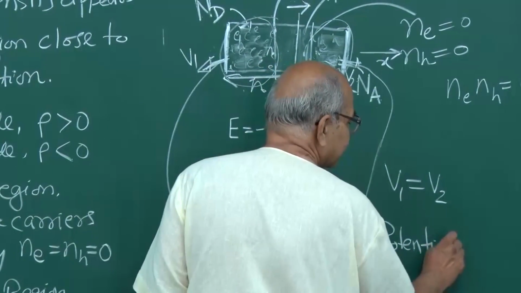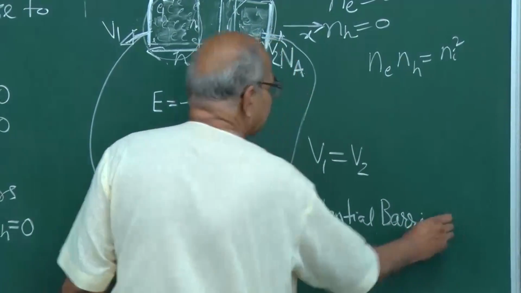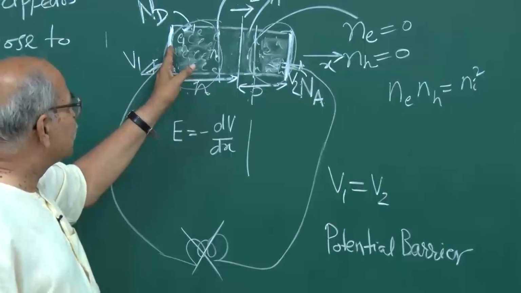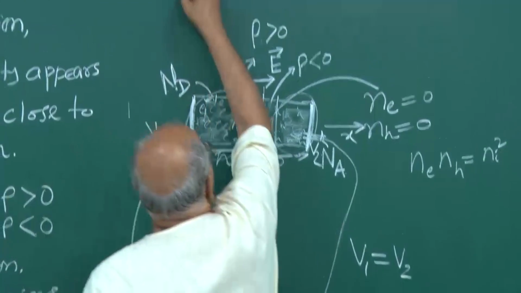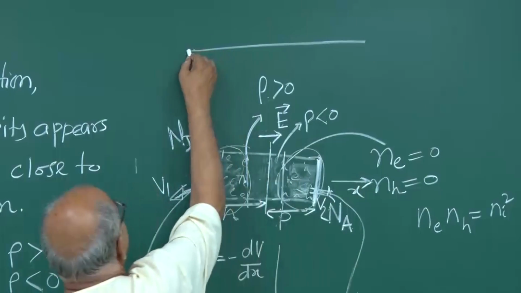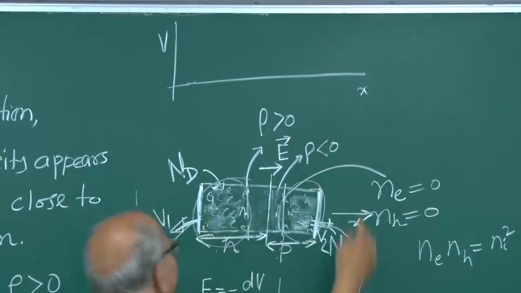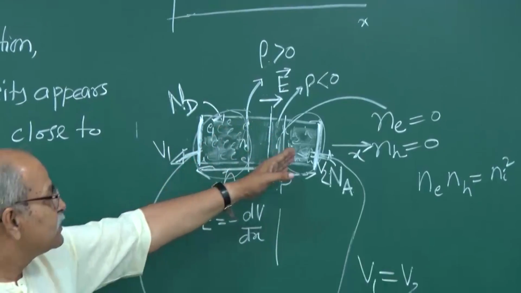Why potential barrier? If you remove, or don't think of, the metallic contact, we are still in the semiconductor, and then if I plot the potential as a function of x, how will it look? This potential is higher and this potential is lower.